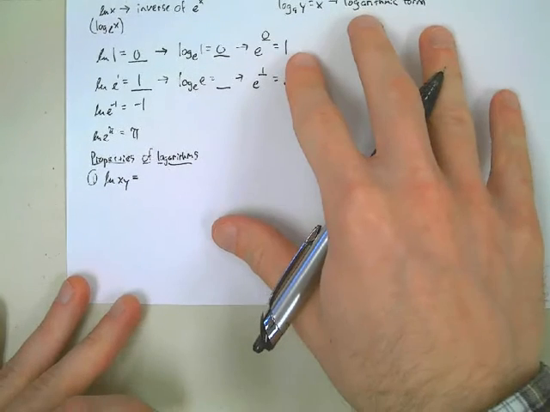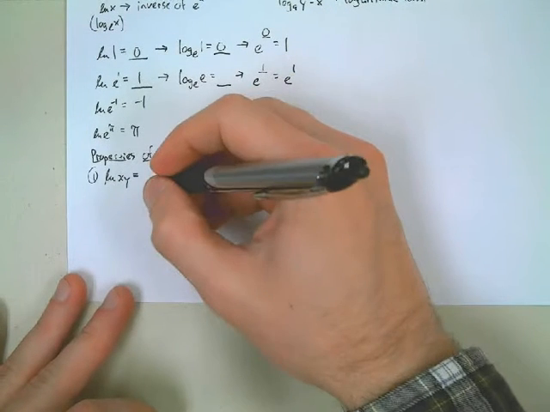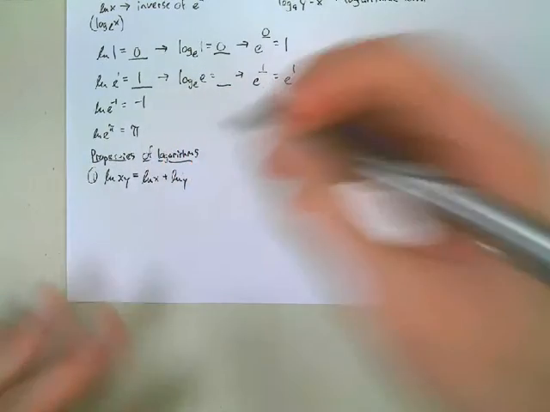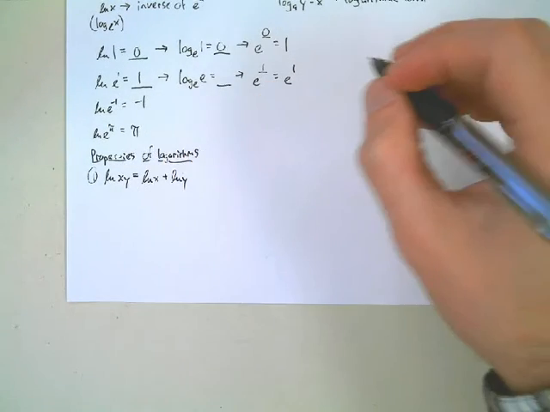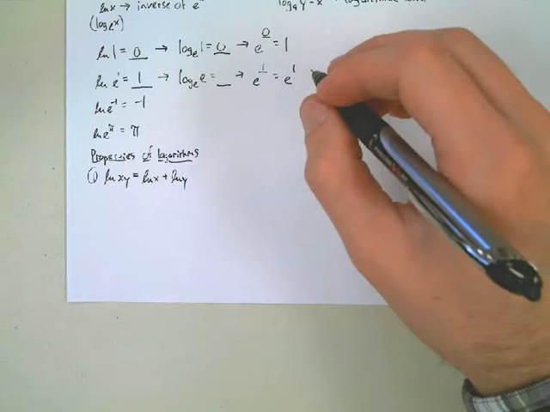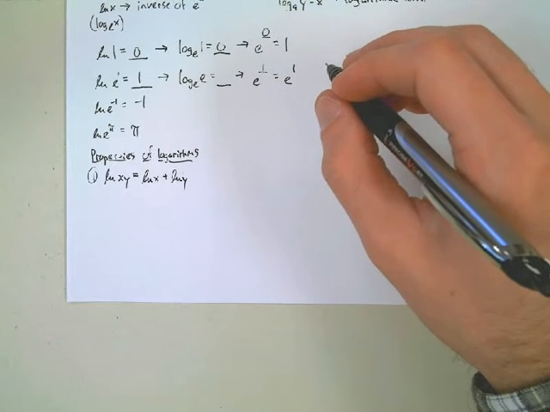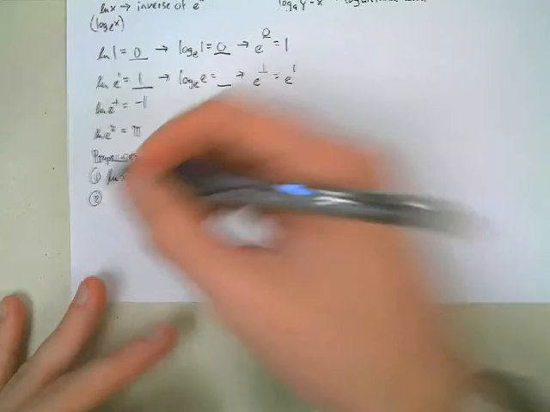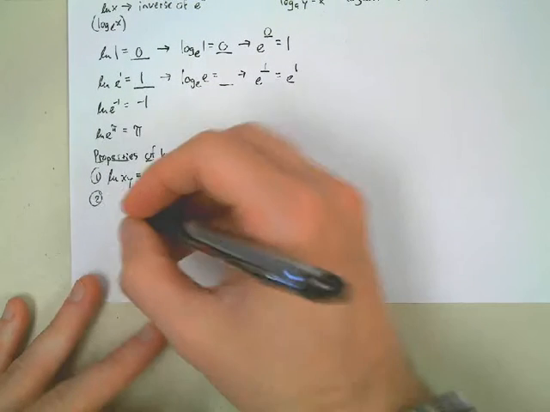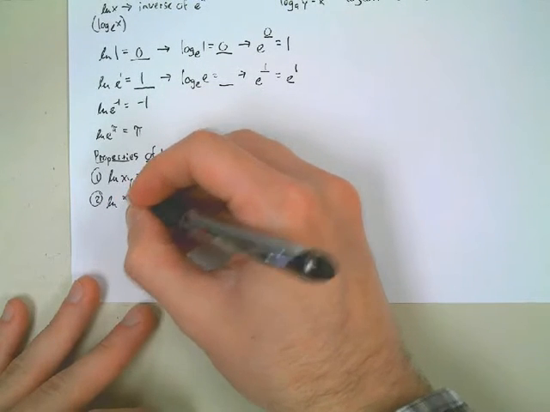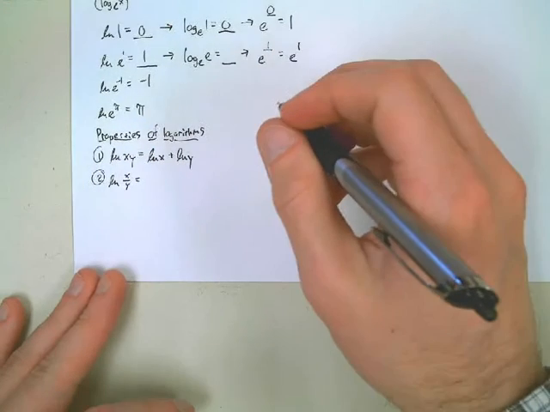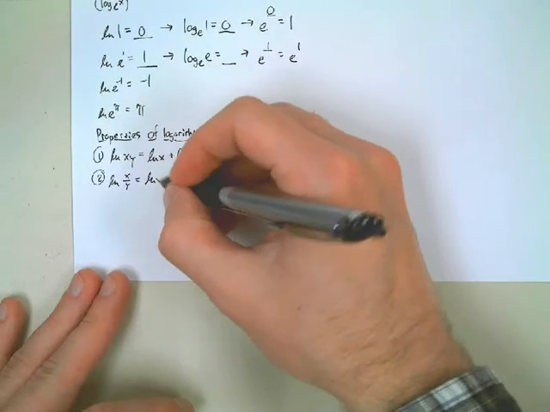It becomes ln x plus ln y, exactly right. Natural log of x over y, then it would make sense, would be what? Natural log x minus natural log y, exactly right.